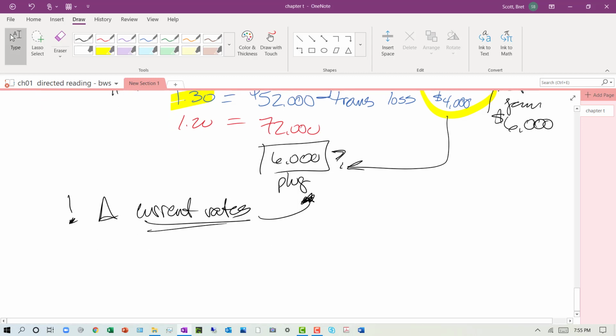So the risk of this plug figure changing, another phrase for that risk, is called exposure. What's your risk, or what's your exposure?